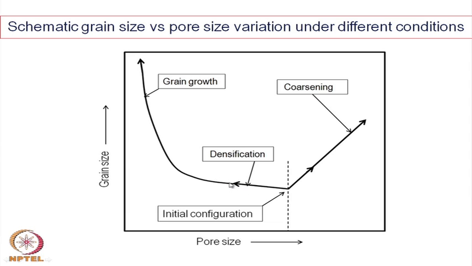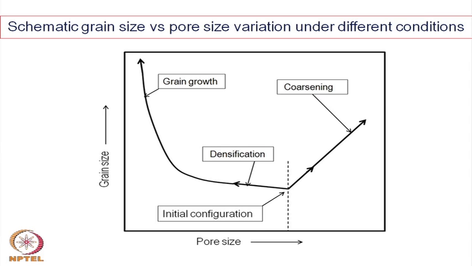And as we decrease more and more the pore size, towards the end there will be a grain growth. Okay. So, this is not a preferred situation, where pore size is increasing and grain size is also increasing, which results from the initial particle coarsening.